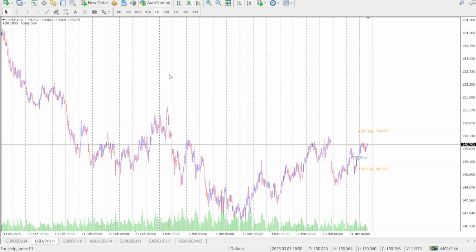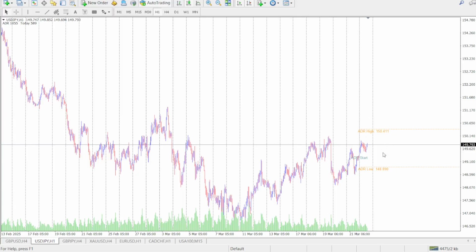Now you might be wondering, why is the ADR indicator important? Well, it provides key market insights by showing the average range a currency pair moves daily, and it can help you identify potential reversal points when price reaches the ADR boundaries.